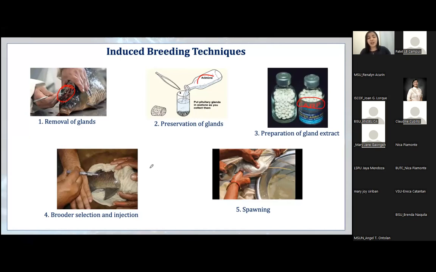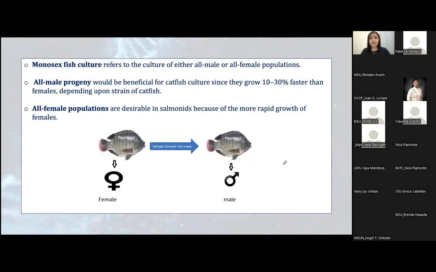And then brooder selection, pipiliin if mature na ba yung brooder na gagamitin, and then i-inject siya intraperitoneally, and then spawning. So yung egg and yung milk ng both fish ay i-fertilize. So nakikita ninyo, this is the milt, MILT.